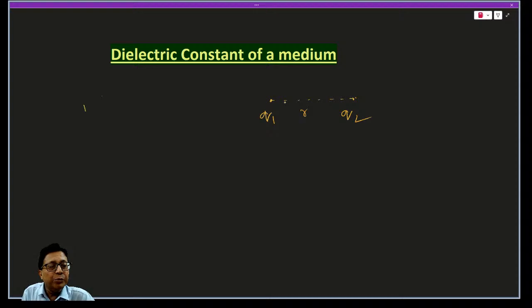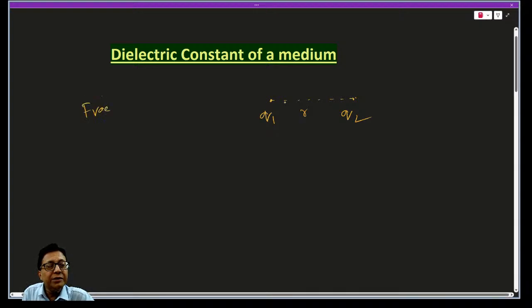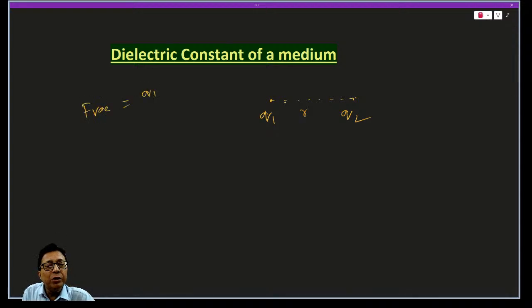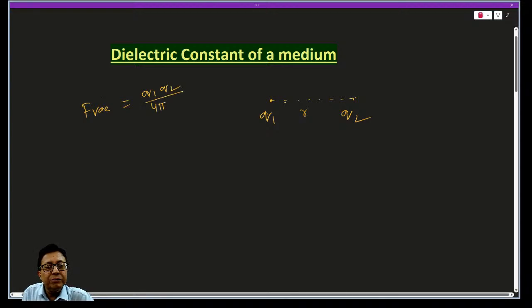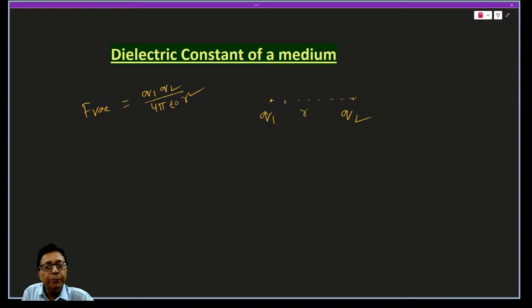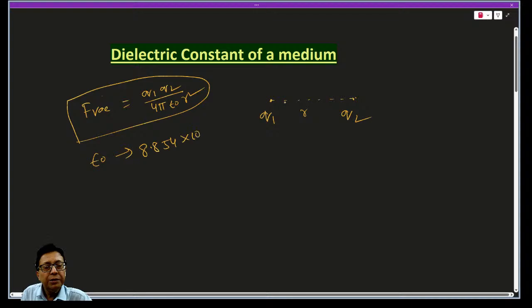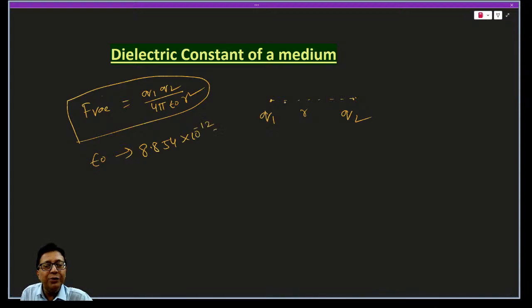In vacuum, we have seen that F vacuum equals Q1 Q2 by 4 pi epsilon 0 R square. This epsilon 0, you know, is the permittivity of free space, its value is 10 to the power minus 12 in SI units.